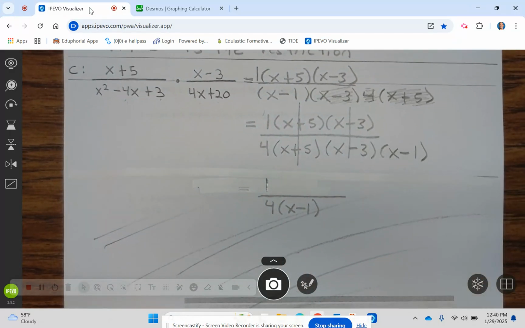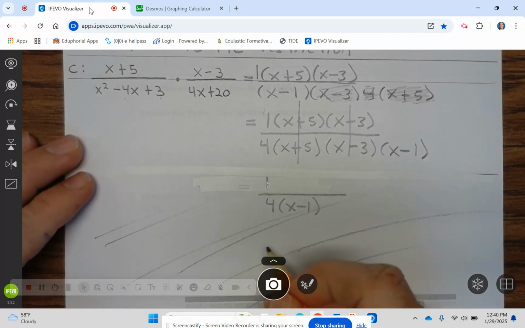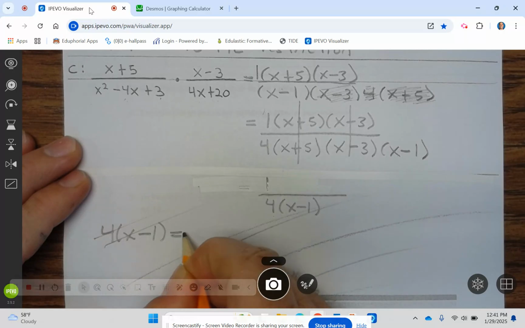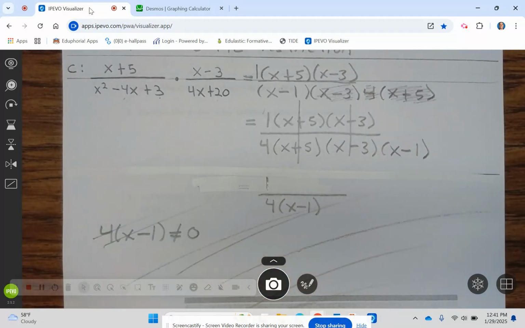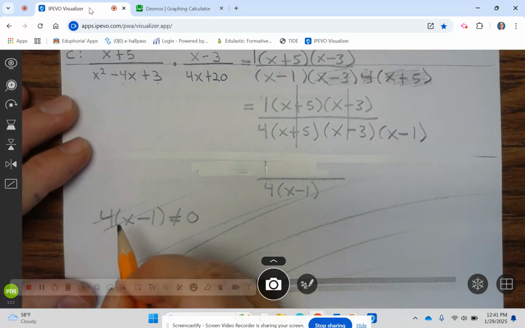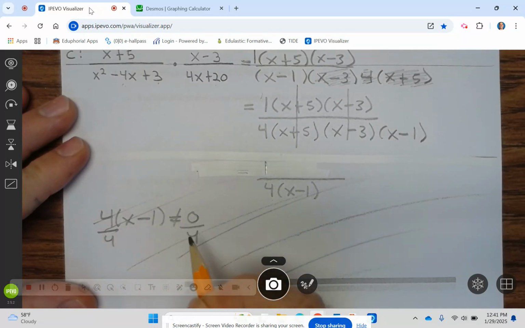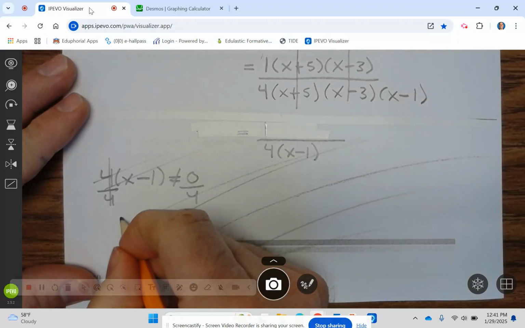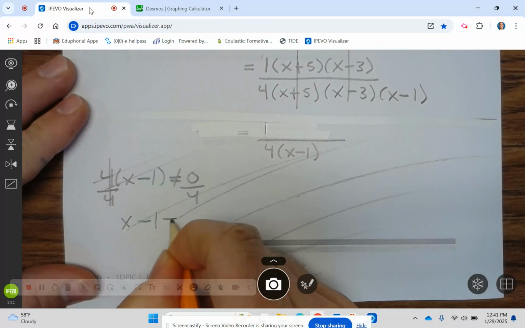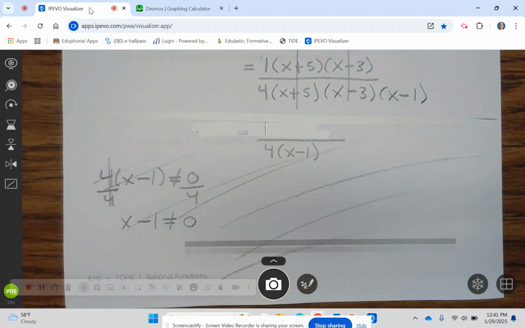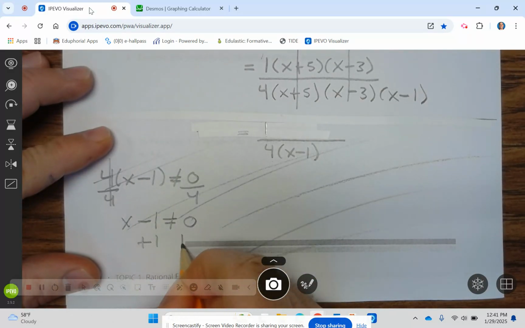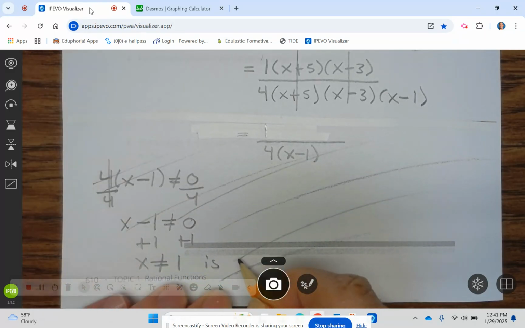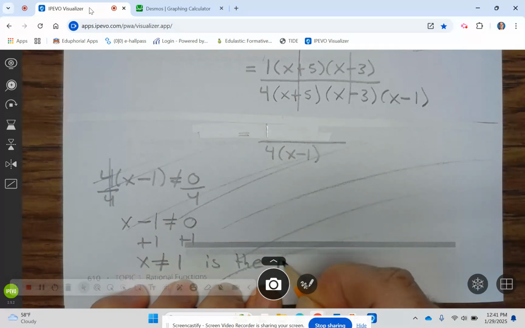Now, for the restriction, we set this not equal to 0. So we divide 4 by both sides. You get x minus 1 not equal to 0. Add 1 to both sides. X does not equal 1 is the restriction.